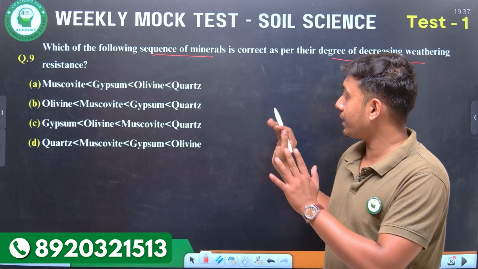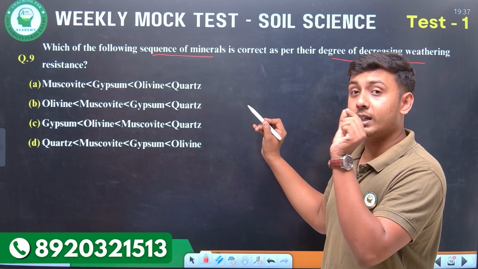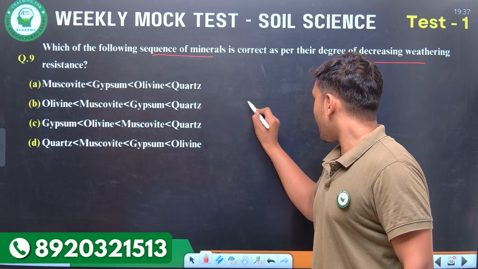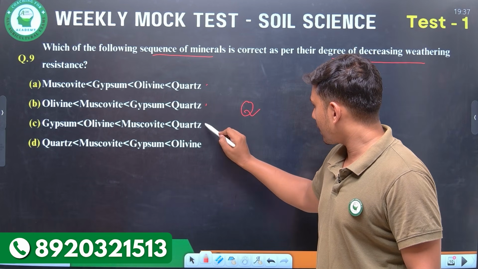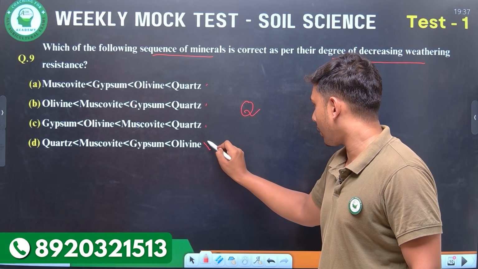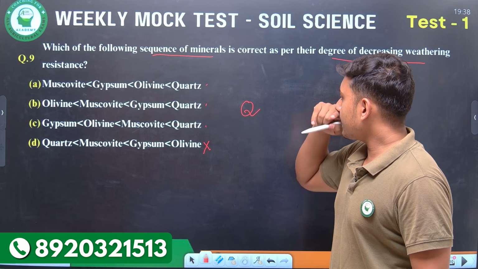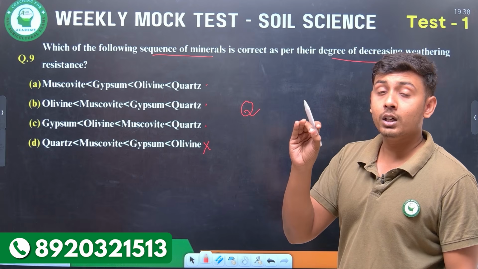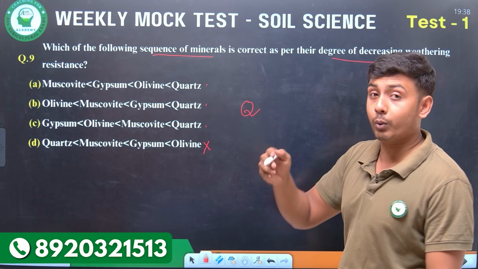This type of question, when it comes, just try to judge first what is the most resistant. We know quartz is most resistant, right? So quartz, here also quartz, here also quartz, but here it is not, so this option is automatically disapproved. Then what is the least resistant to weathering?